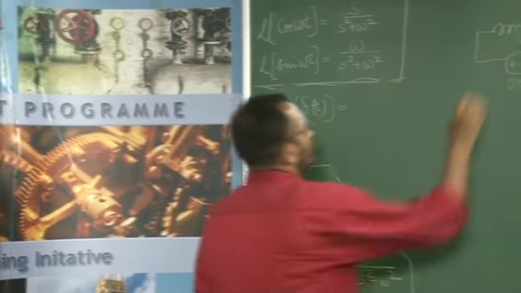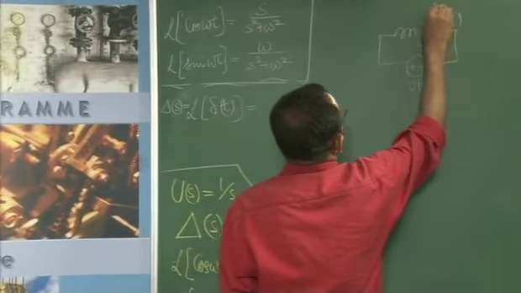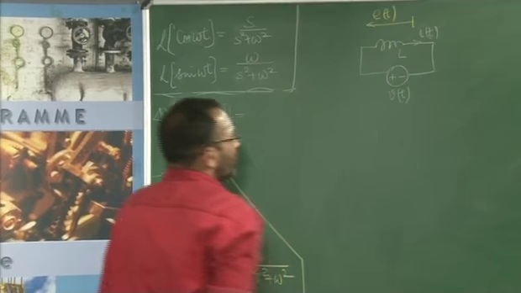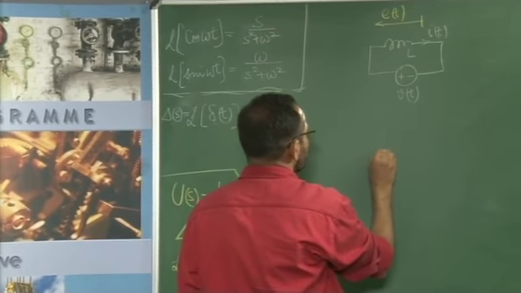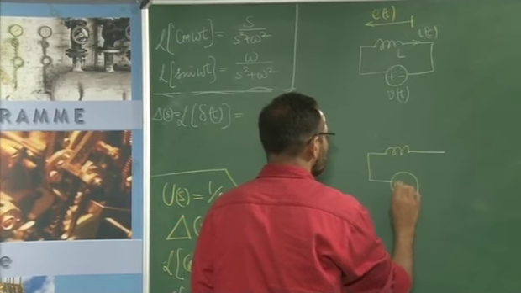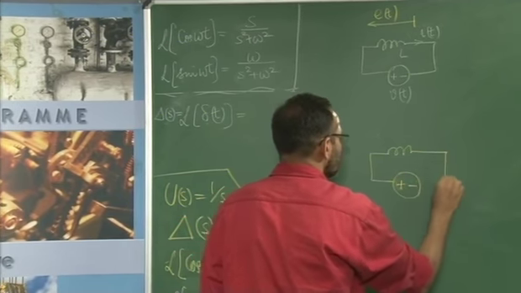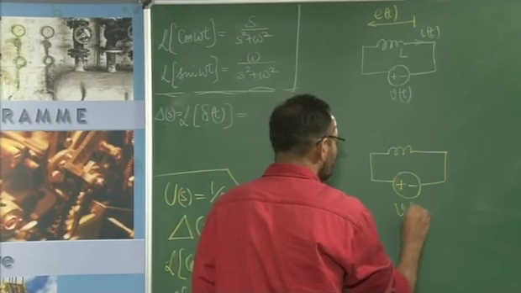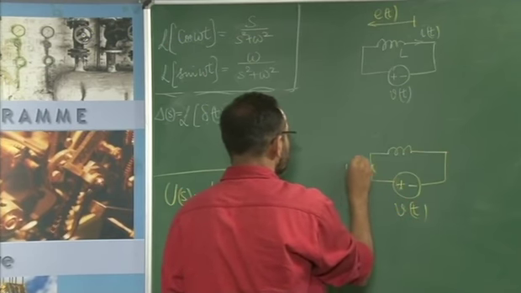We know that the drop across the inductor must be marked like this, E of t. Now, please do not mark both sides. There is a mistake which many students make, therefore, I want to bring this to your attention.